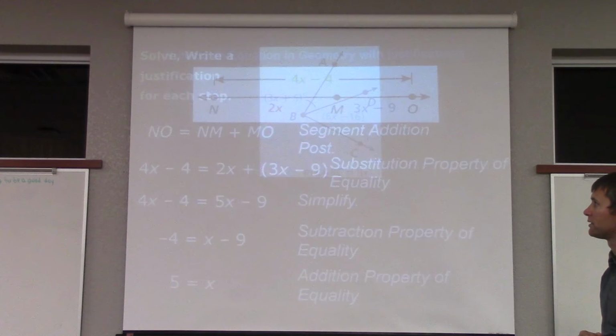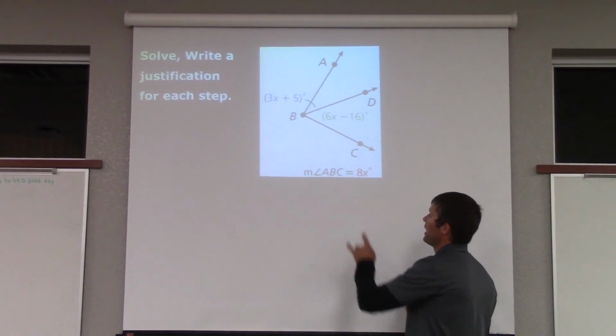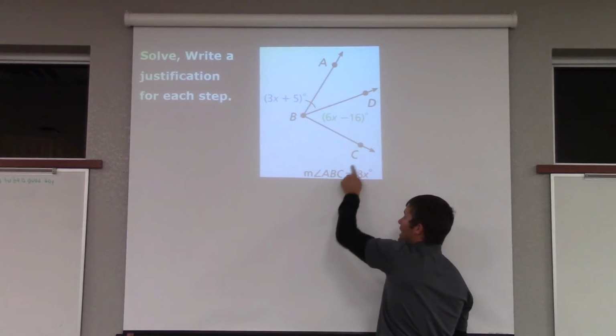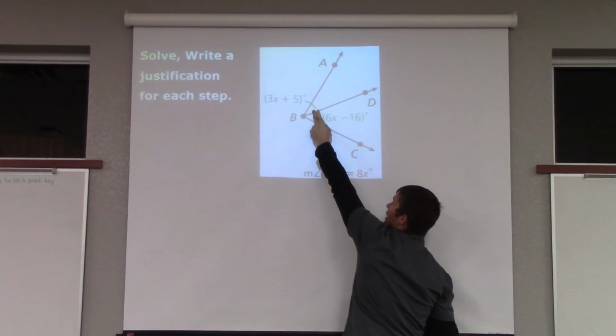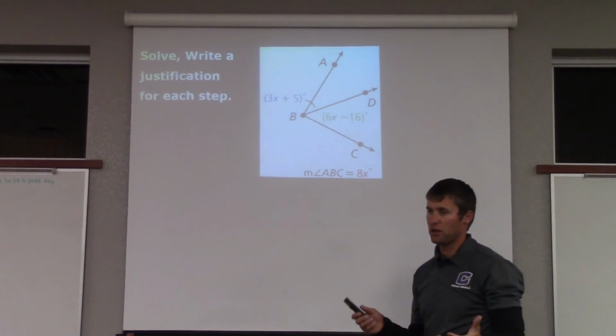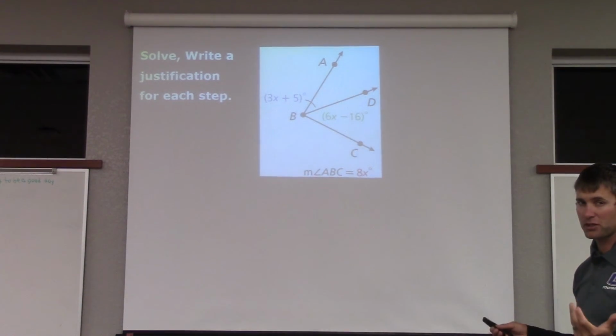Last example. Now we have an angle. We have angle ABC, which is 8x. This part right here is 3x plus 5. This is 6x minus 16. Again, an old postulate. So we're going to set up similar to the last one.